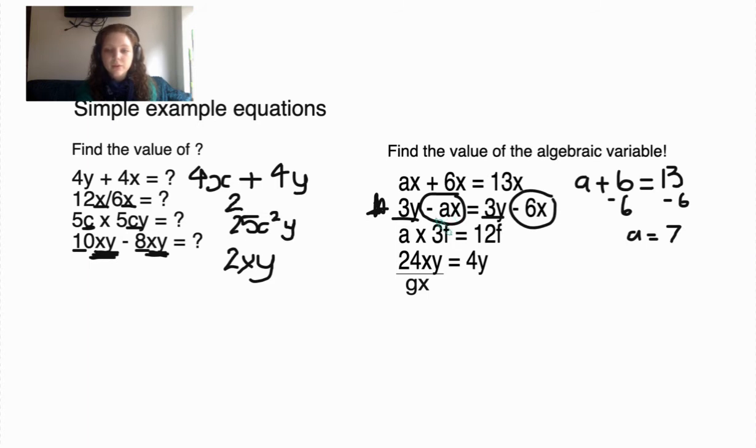So you know that a should equal 6. Be very careful of the signs here. You know that it's 6 because it's minus a is equal to minus 6. So instead of saying a equals 6, you could say minus a equals minus 6 to make it clearer. But a equals 6 is the answer.